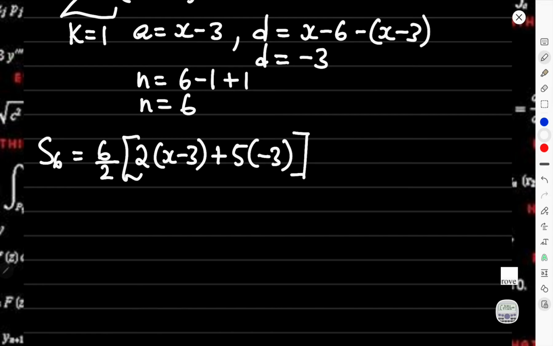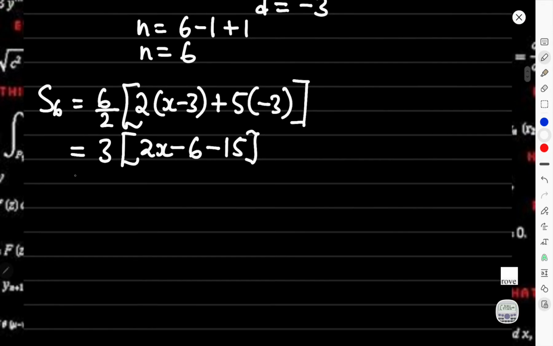As we simplify here, we're going to have 2x minus 6 minus 15, so we now have 6x minus 18 minus 45, and this is the same as 6x minus 63.